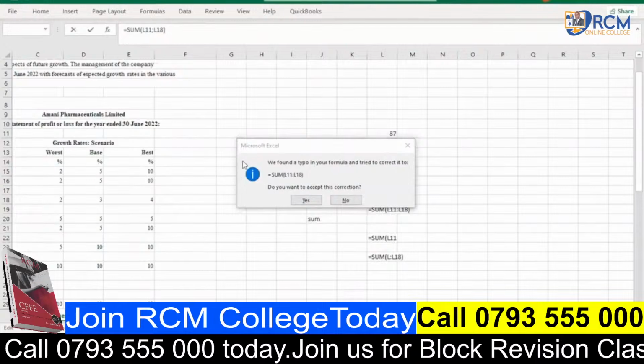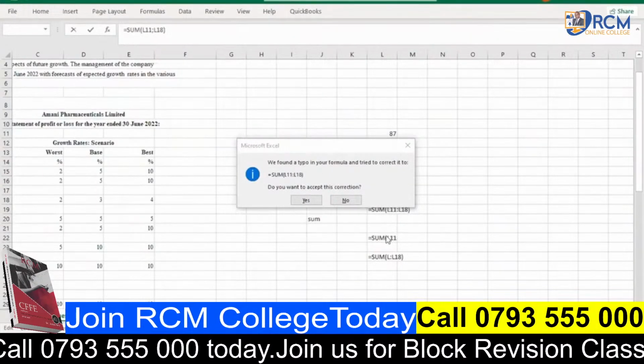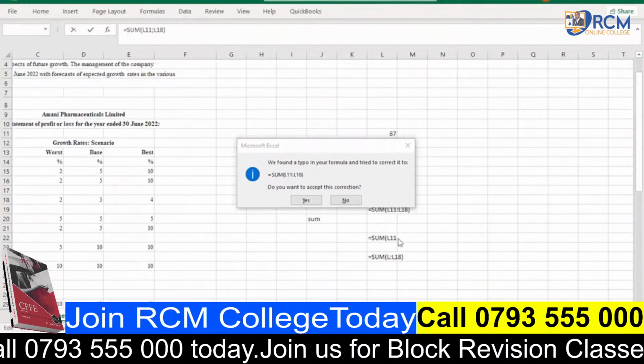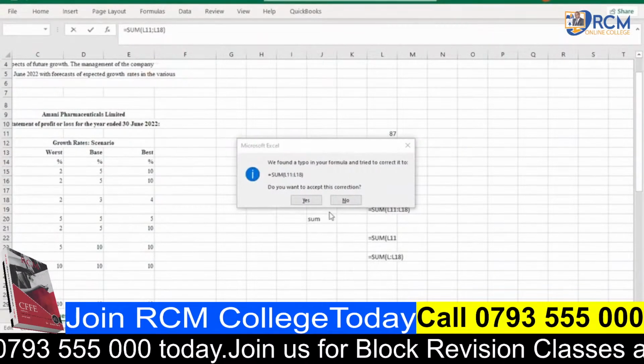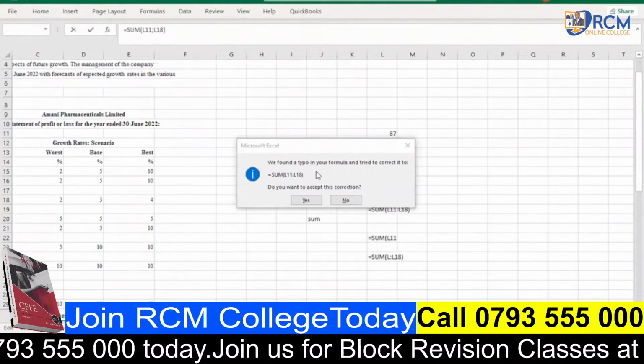50%. So as you can see, the second choice here is wrong because Excel is also telling you it is wrong and it is ready to rectify that. It wants to take it to the correct one.